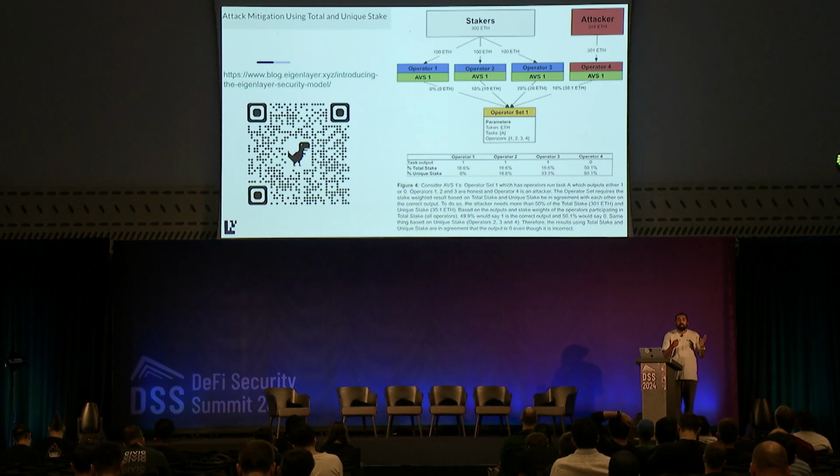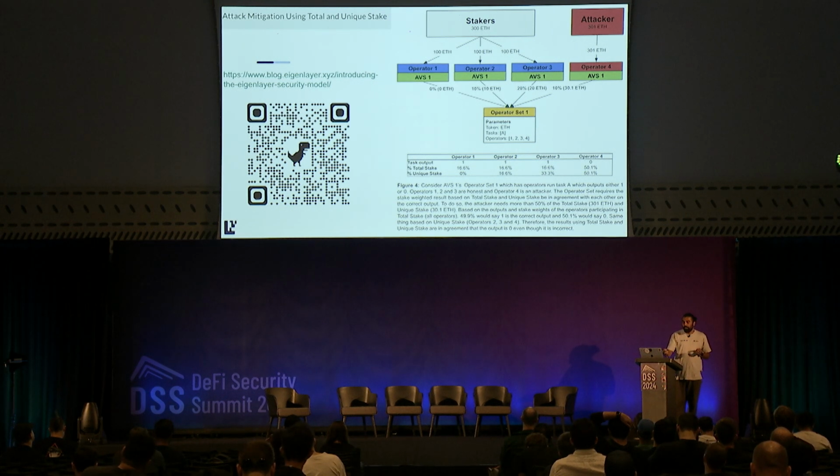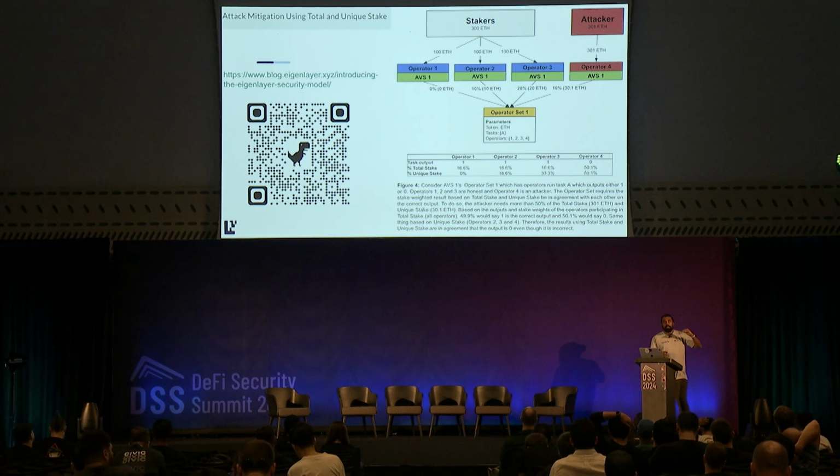Total stake raises the amount that is required to attack your AVS, and unique stake also burns attackers' funds because that stake is uniquely attributable and slashable by an operator set. So by making a decision to have, say, a 50% consensus on total stake and unique stake, you raise the bar for attack and you increase the damage to the attacker.